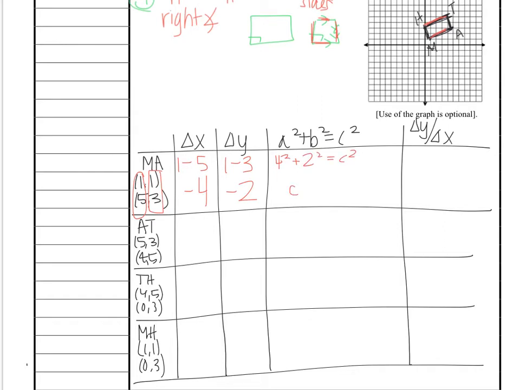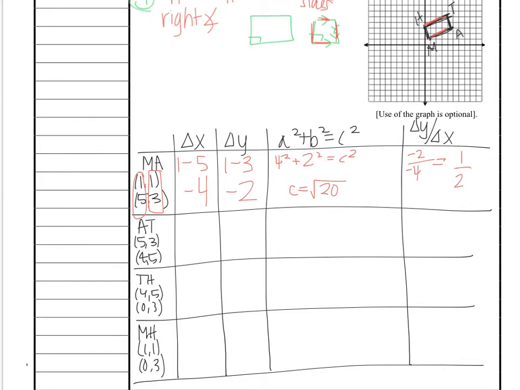And then I get c equals square root, because I know that's what I'm going to have to do eventually. 4 squared and 2 squared sum to 20. Seems to be the most common thing that we've been doing in these videos. I'm sorry for the repetition. Change y is 2 over change x is negative 4, which reduces to positive 1/2. Negative divided by negative is positive.